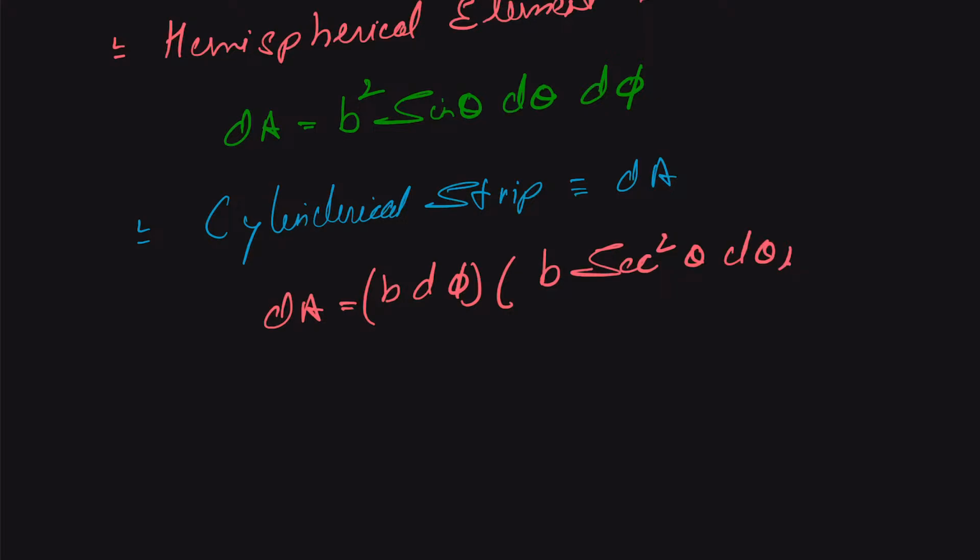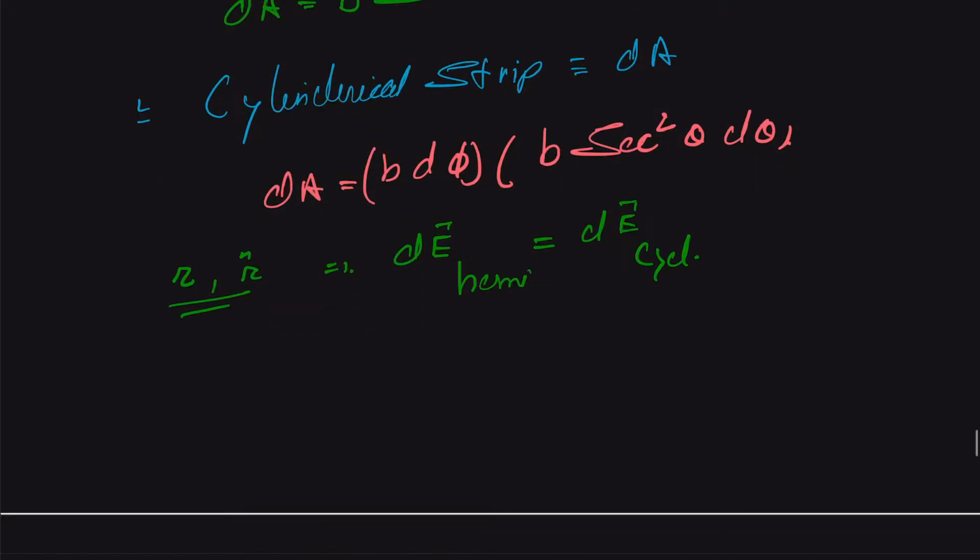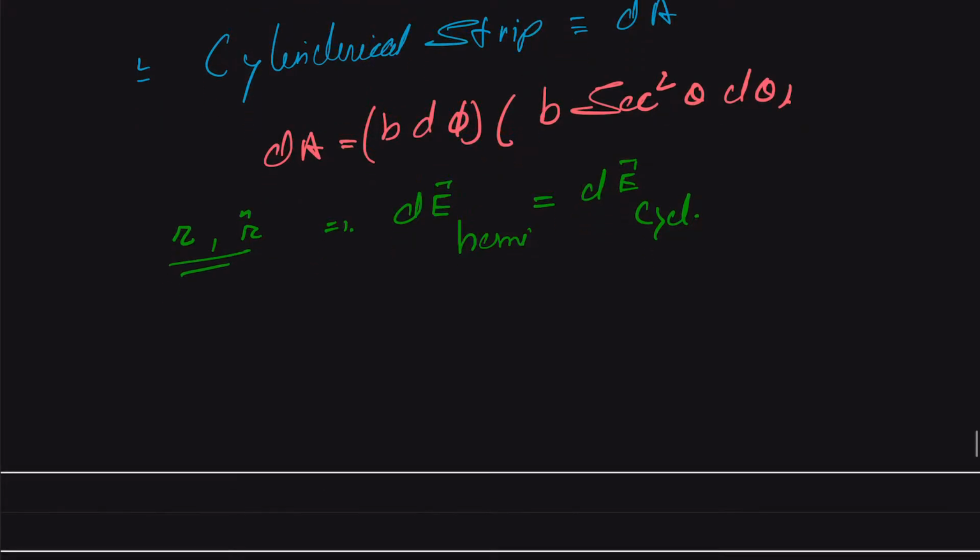And once again, because they have the same r and the same r unit vector, we can say that the electric field due to our hemisphere will be equal to the electric field due to our cylinder. Therefore there will be a pairwise cancellation.